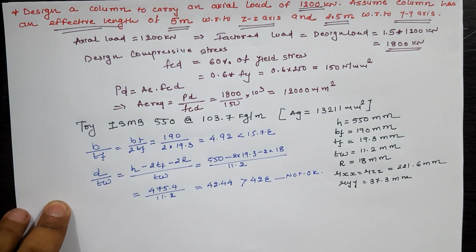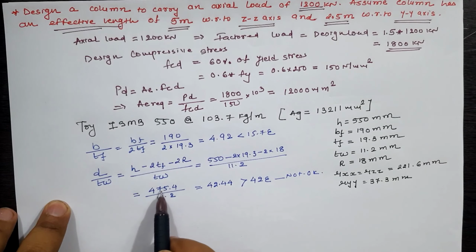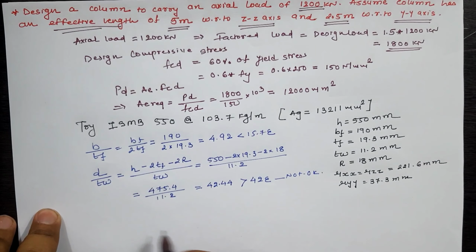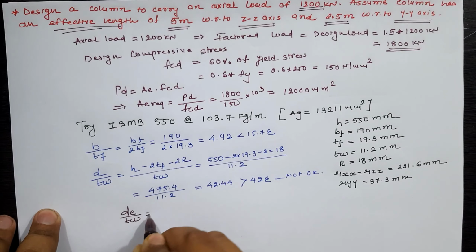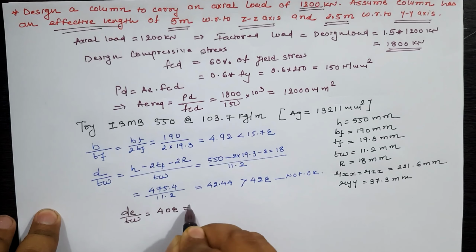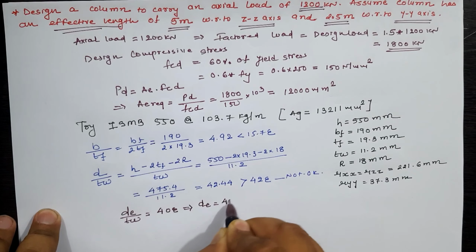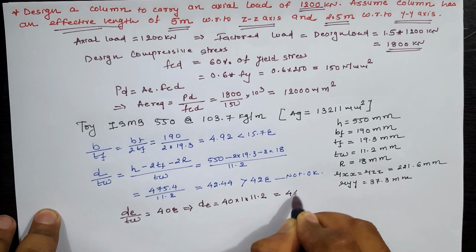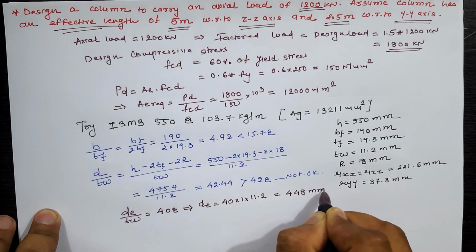So let us reduce the value from 475.4 as the overall d in terms of effective depth. So let us take de by tw, which is equal to 448 mm.